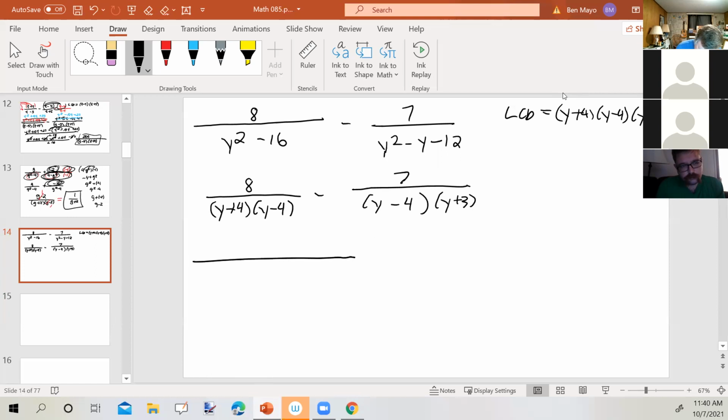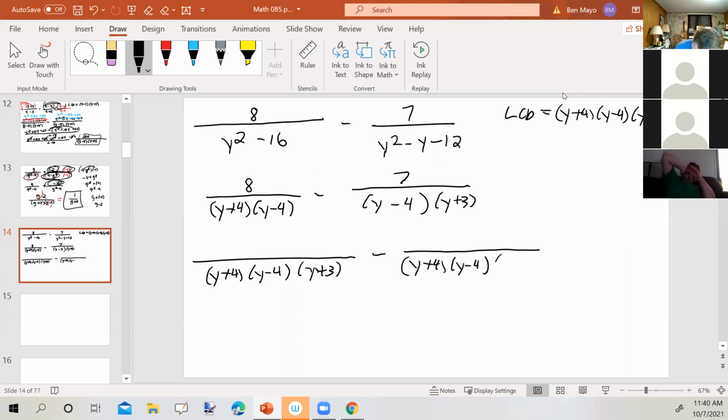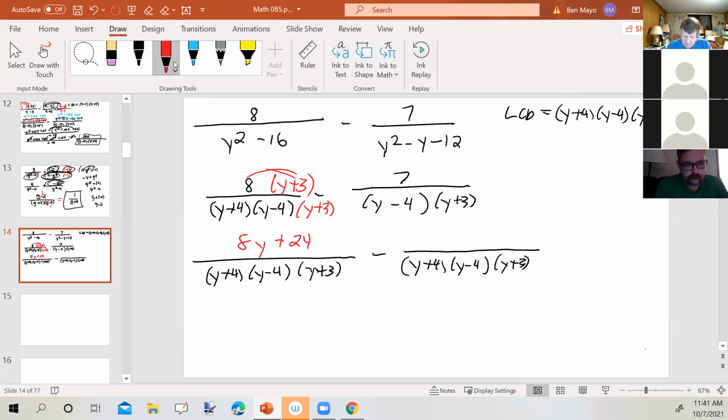My first fraction, I need to multiply by y plus 3 over y plus 3. So my new numerator is 8y plus 24. My second fraction, I need to multiply by y plus 4 over y plus 4.